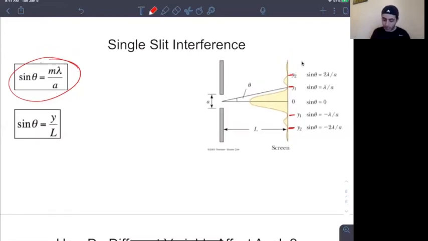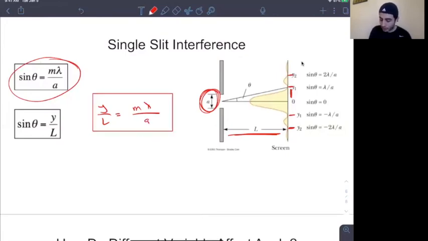To find the angle, we can divide the height of the dark fringe over the length of the entire screen, which will also equal the wavelength over this width. Keep this in mind because it will be very helpful when you're trying to solve some of the problems I put up in the worksheet.